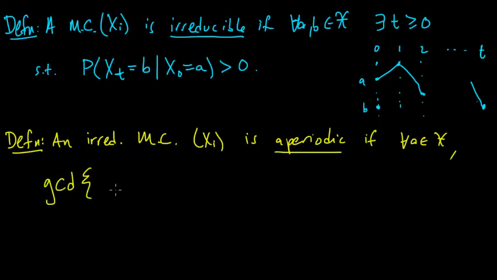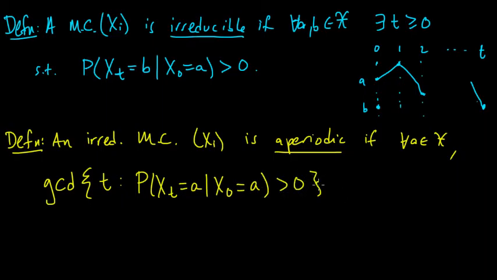The greatest common divisor of the set of times t for which the probability that xt equals a, given that x0 equals a, is positive, the greatest common divisor of this set of times equals 1. Now that's a mouthful to get your head wrapped around. So let's break it down.